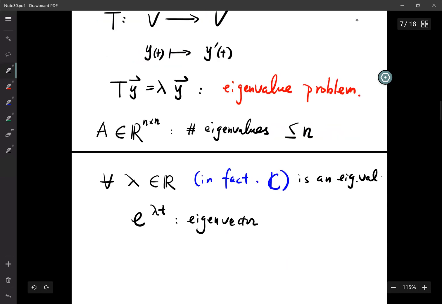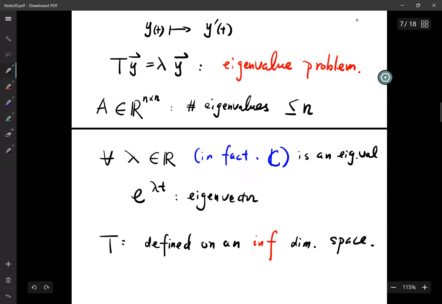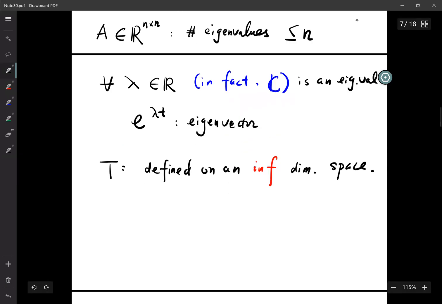So there are an infinite number of eigenvalues, and this is really because T is defined on an infinite dimensional space. You can think of it like it can be represented by a matrix. How to do that rigorously is another question. So there are indeed an infinite number of eigenvalues.